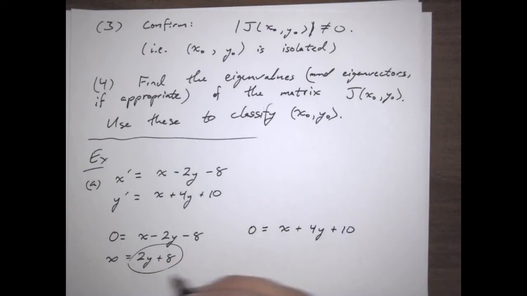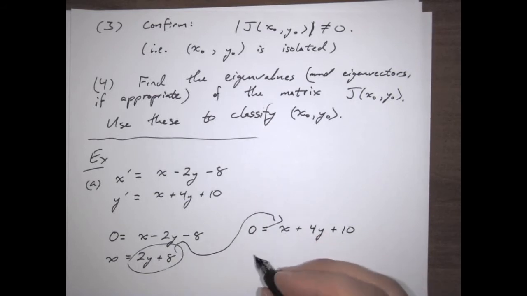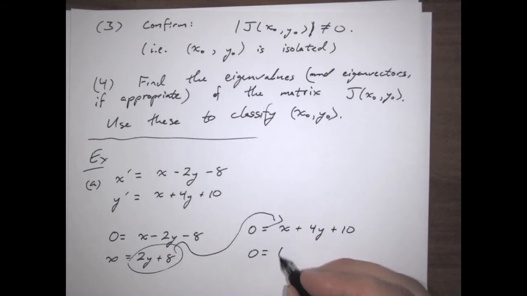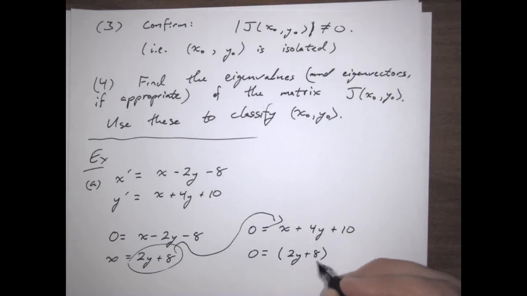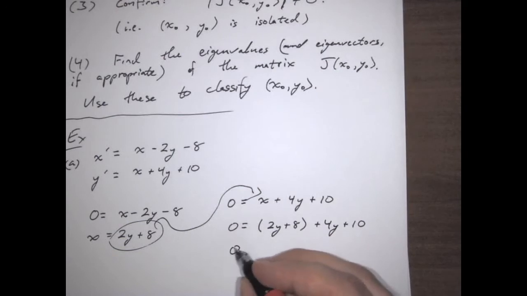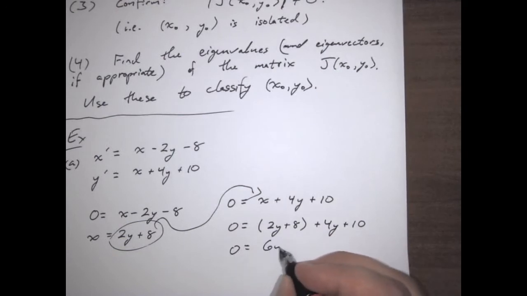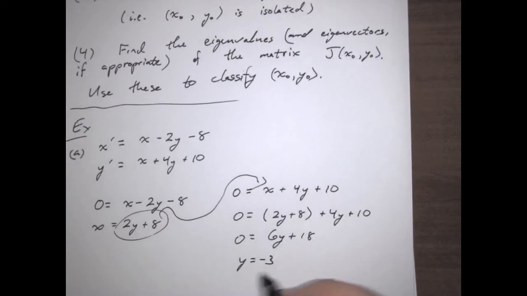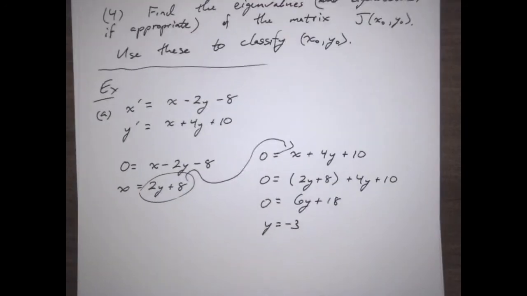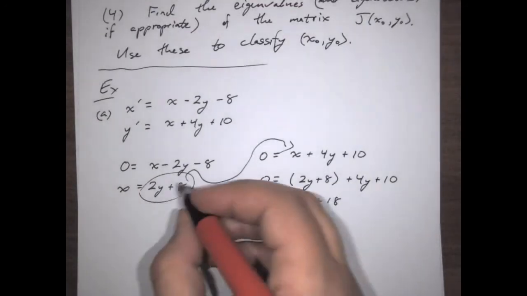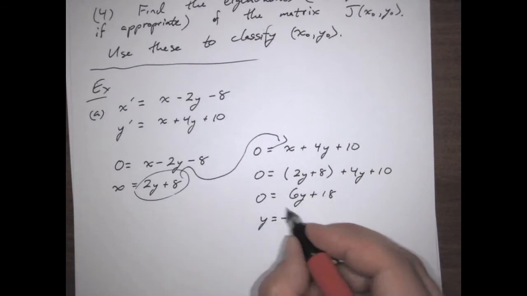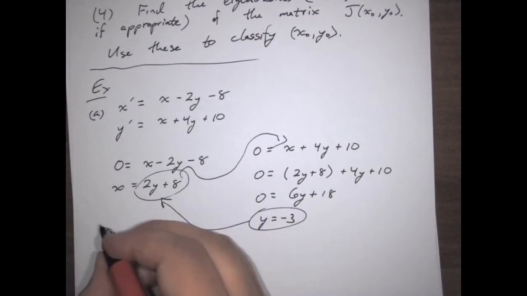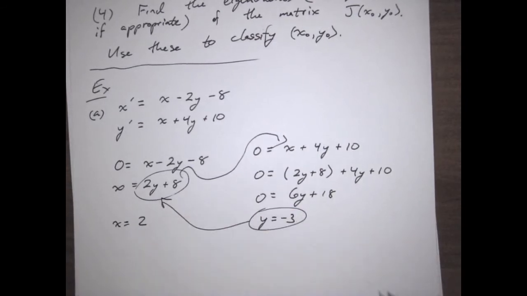I can just put that into play up here and get 0 equals 2y plus 8 plus 4y plus 10. 0 equals then 6y plus 18. So move that over, divide, and that would mean y equals negative 3. And then up here, putting that in, 2 times negative 3 is negative 6. Plus 8 would imply that x equals 2.